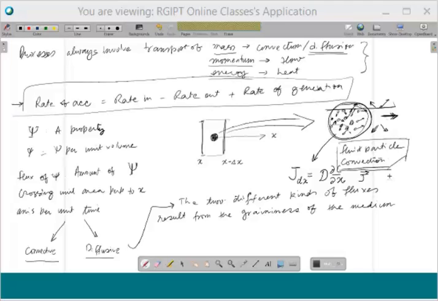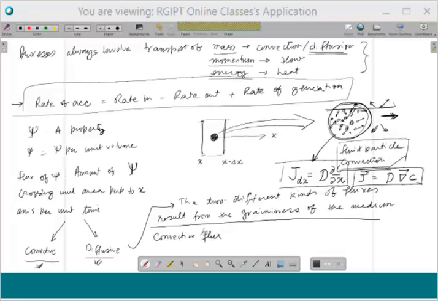Now there's a very simple rule for finding the convective flux of any quantity at a point. I think I've already done this in fluid mechanics class, but I'll repeat that.